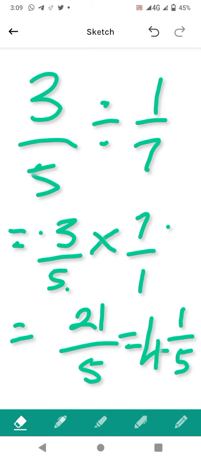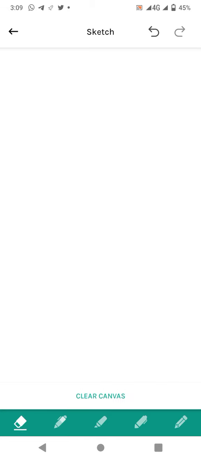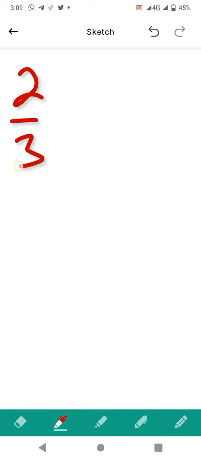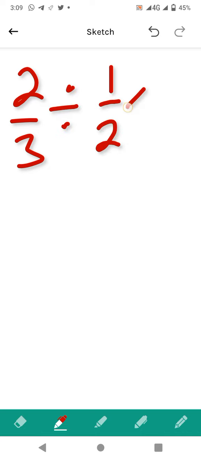Okay, so let's have another example under multiplication. What if I have it like this, because sometimes it can be in this form: 2/3 divided by 1/2 times 1/4. Well, that's not a big deal.